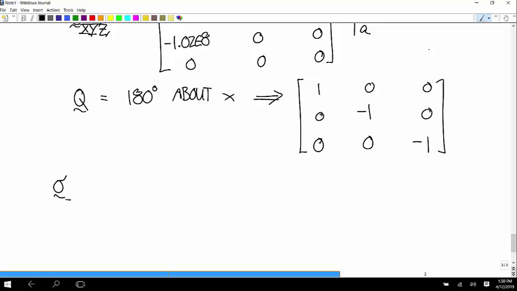So our final stress tensor due to torque is equal to Q times the temporary stress tensor times Q transpose.